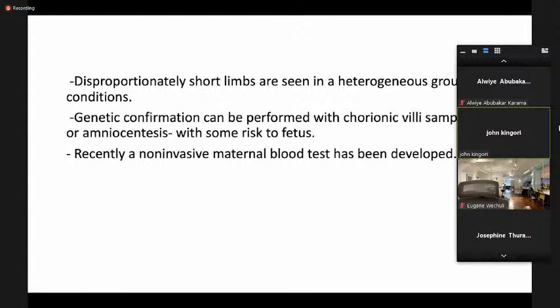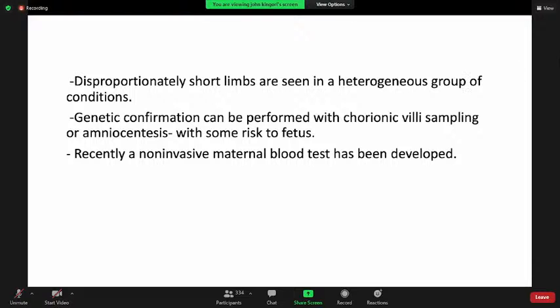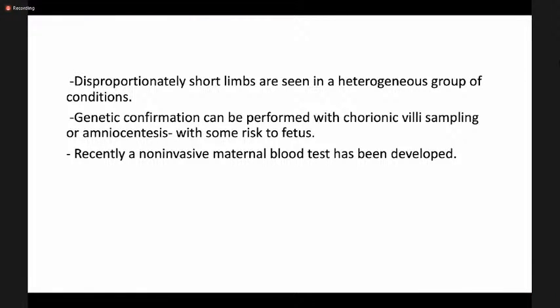Now, genetic confirmation can be performed with chorionic villi sampling or amniocentesis. And as we said earlier on, once an ultrasound has been done, you want to go further to get chorionic villi and then the amniocentesis.